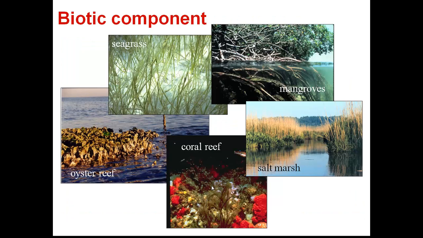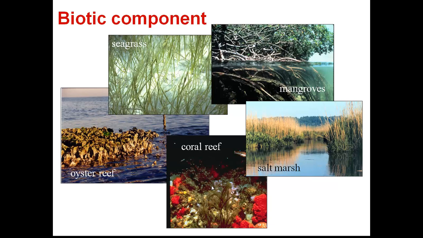And then finally, at the lowest level of our hierarchy, we have the biotic component. And often when we're considering the biotic component, what we think about is habitat-forming species. So these are conspicuous species, often dominant within their environments locally, that form some kind of structural habitat or modify the environment by providing shade or slowing currents, making it habitable for other organisms.